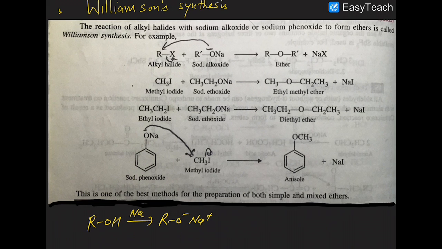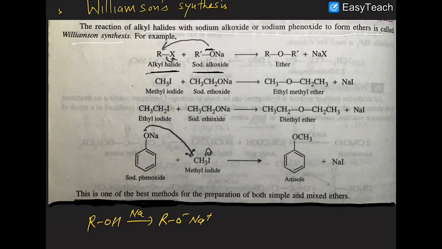Now the next question is very important, that is Williamson synthesis. In this reaction the alkyl halide with sodium alkoxide or with sodium phenoxide forms ether. What has happened in this case? The alkyl halide reacts with sodium alkoxide.